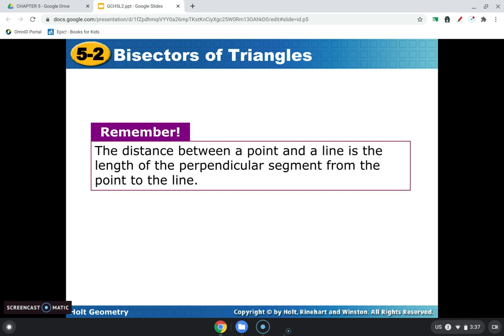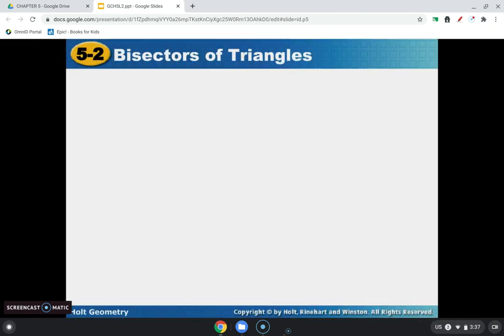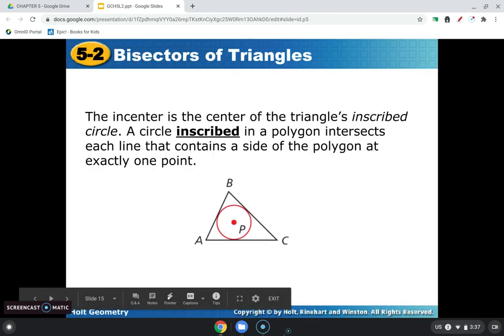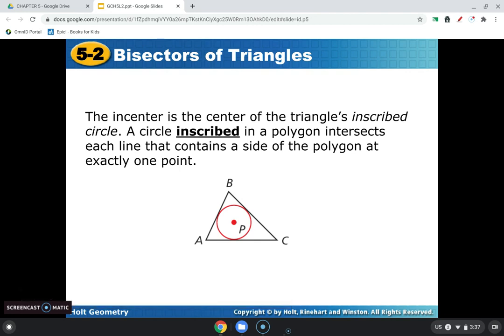Remember, the distance between a point and a line is the length of the perpendicular segment from the point to the line. The incenter is always inside the triangle, unlike the circumcenter. It is the center of the triangle's inscribed circle.